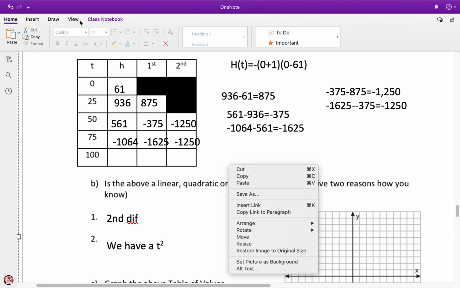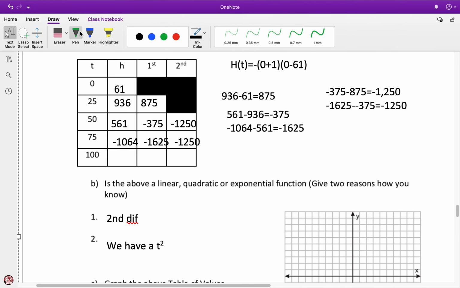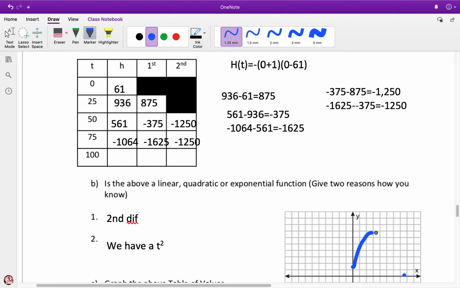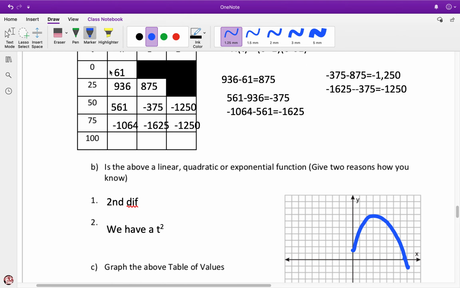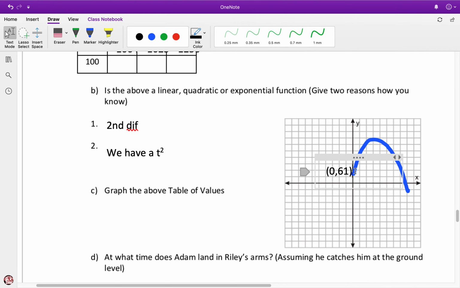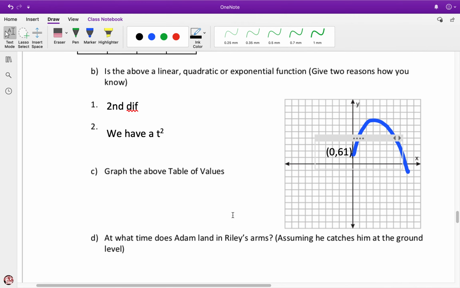Of course, sketching it may seem a little weird, but all we need is a couple points. So we go like so, and we just draw a general up and down, right? Here is 0, 61, right?